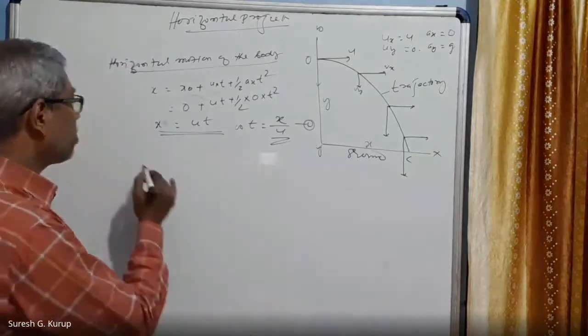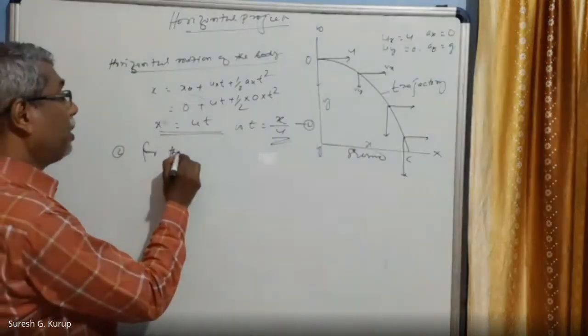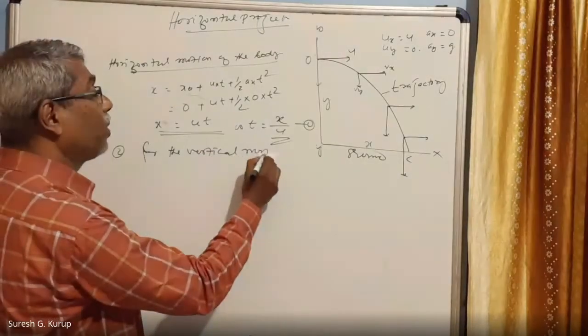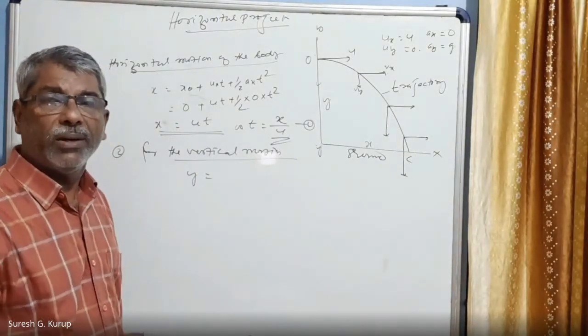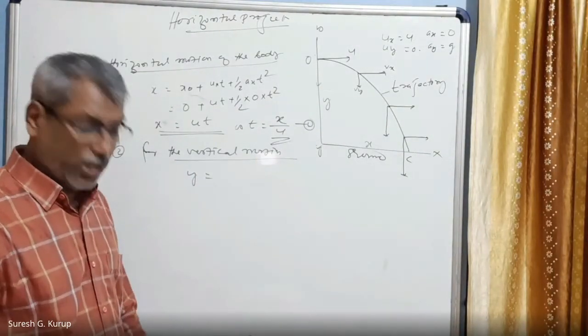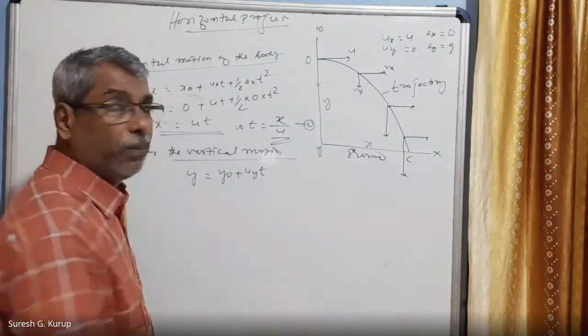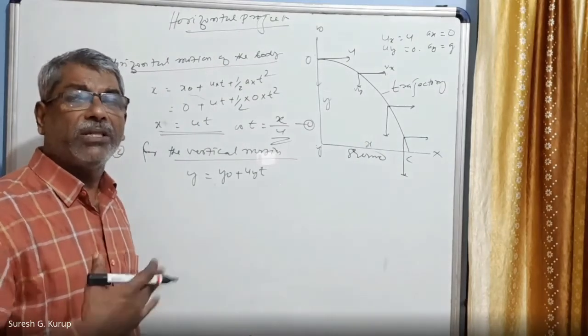Now I am considering the second one, the vertical motion. For the vertical motion, I can write y is equal to y0 plus uy t plus half ay into t square, where y means total displacement in the vertical direction. Why uy t?